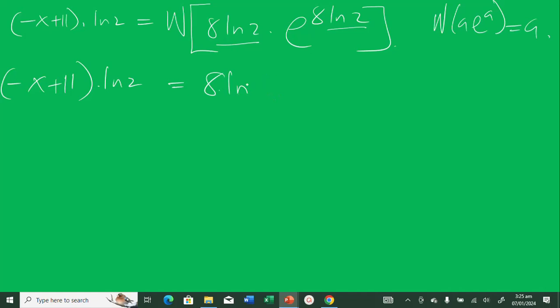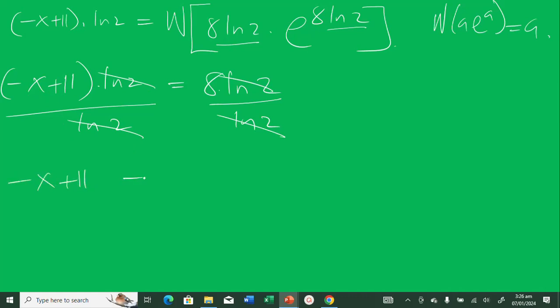Now, dividing both sides by natural log 2, this will cancel out, this will cancel out. You're now left with minus x plus 11 equal to 8.